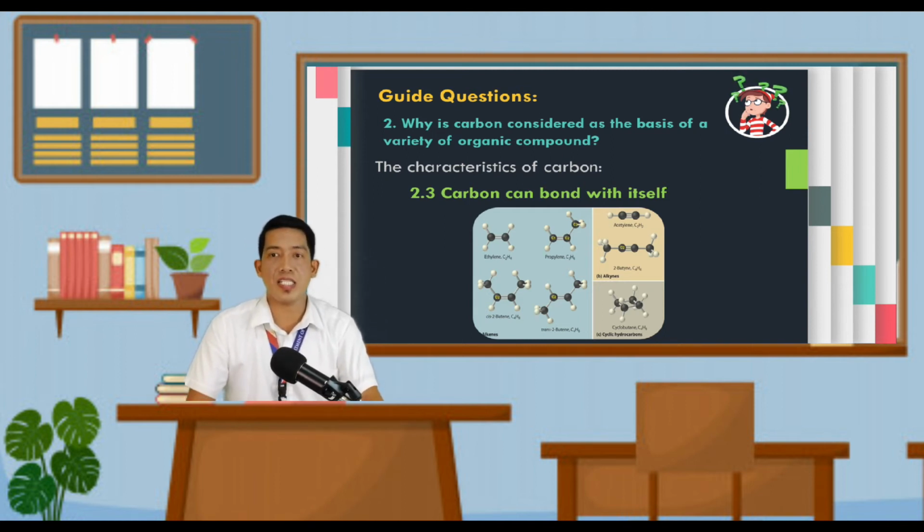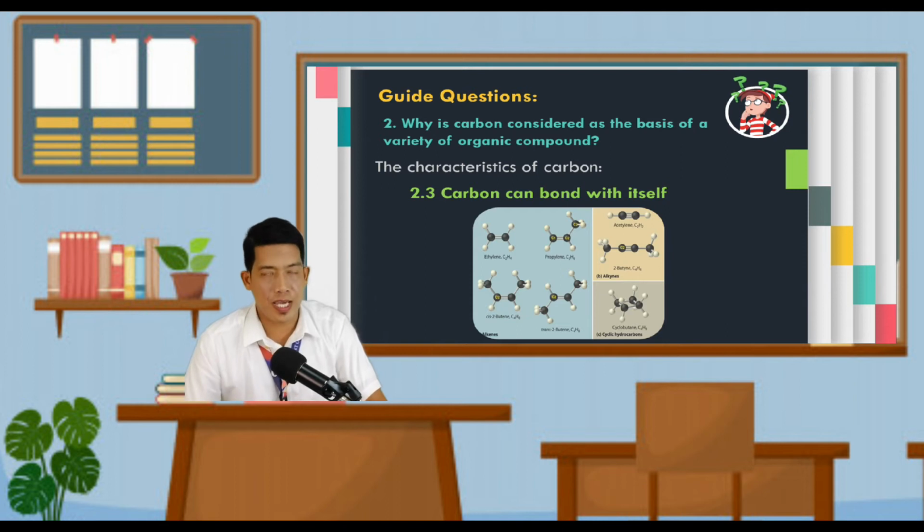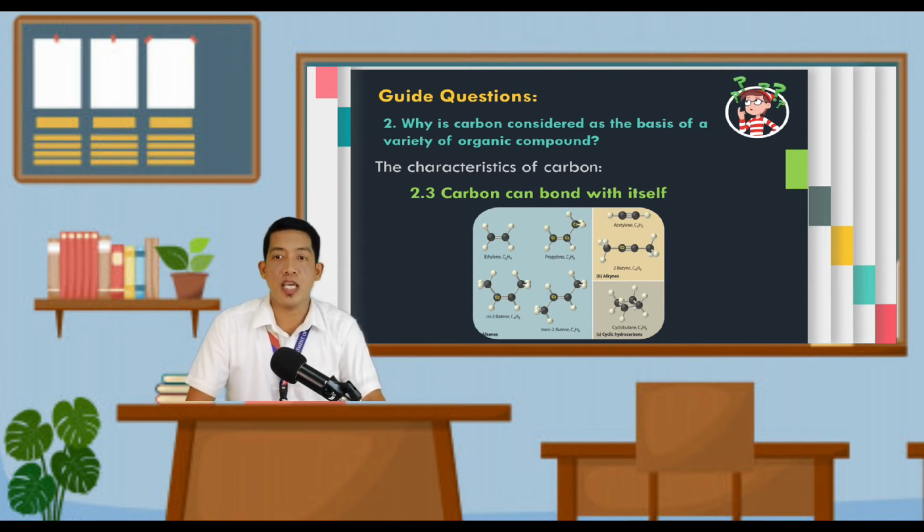Because of this uniqueness, carbon can produce different kinds of organic compounds, including all kinds of chains and ring molecules. Some examples of organic compounds illustrating the bonding of carbon atom with itself.